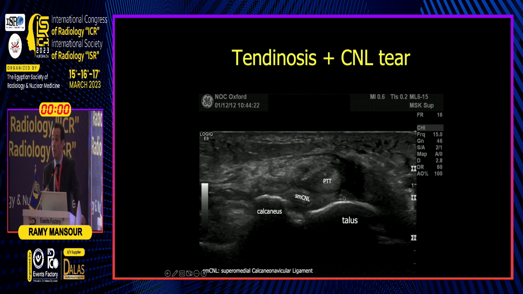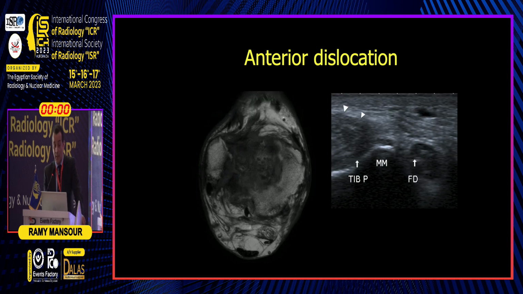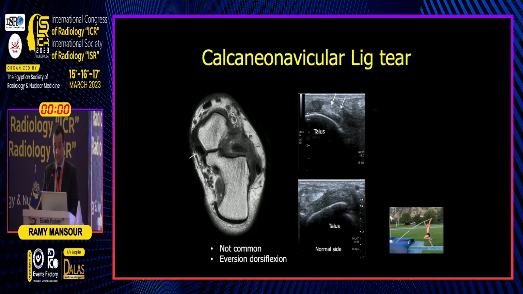That's why there is a close relation between the tendon and the ligament. Like any other problem with a tendon, it can dislocate, and this is an example of another patient with anterior dislocation of his posterior tibial tendon.